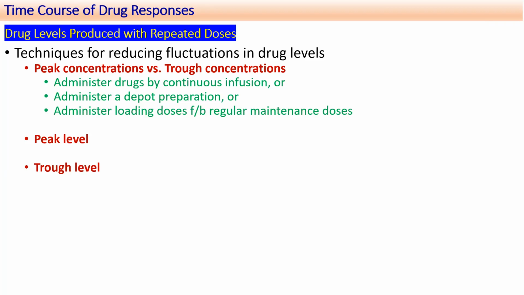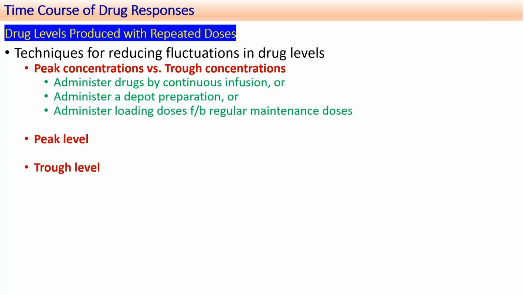And the peak concentration versus the trough concentration. These are techniques to reduce the fluctuation in drug levels. Sometimes you will give a loading dose, or you reduce both the size of each dose and the dosing interval.